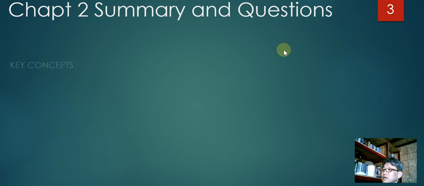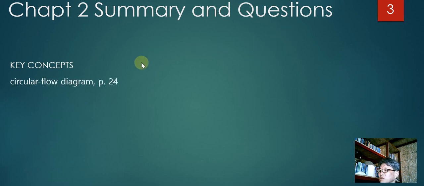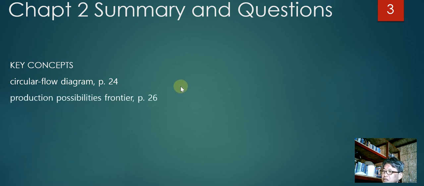And the key concepts this time. The key concepts we have taught were the circular flow diagram, which we have studied and can recall, and the production possibility frontier.